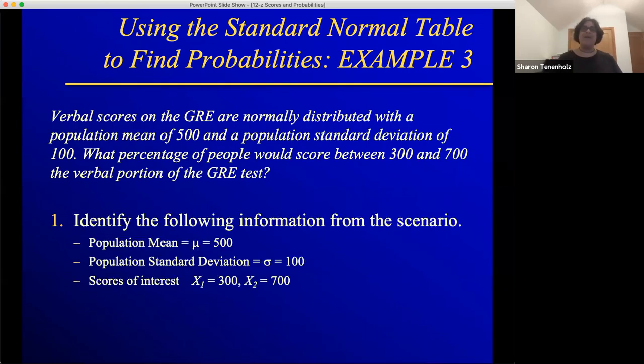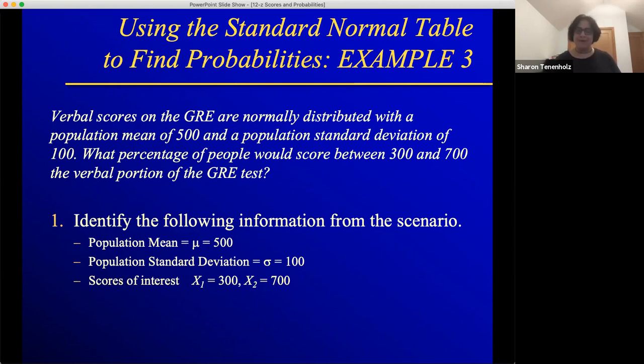Here we have two scores of interest. So when we identify our information, again, we have the population mean of 500, the population standard deviation of 100, and two scores of interest. We're going to call them X1 and X2, 300 and 700.